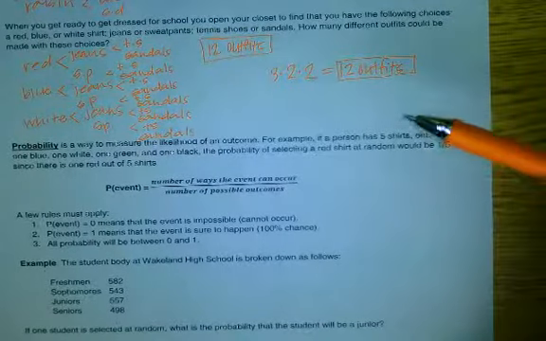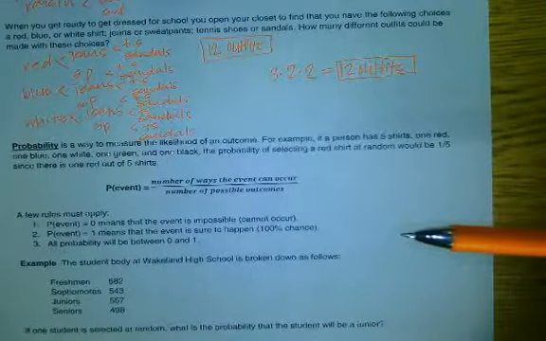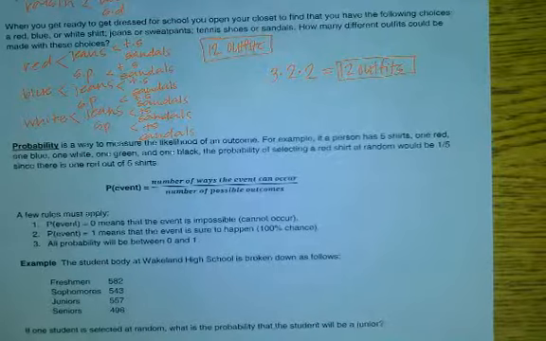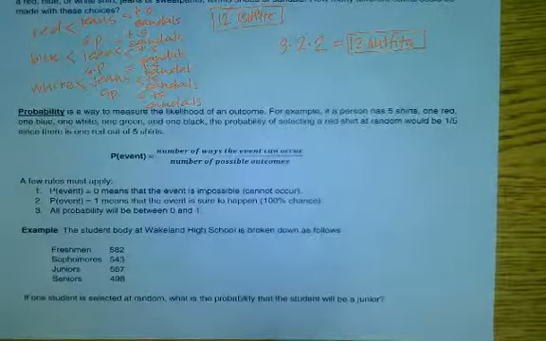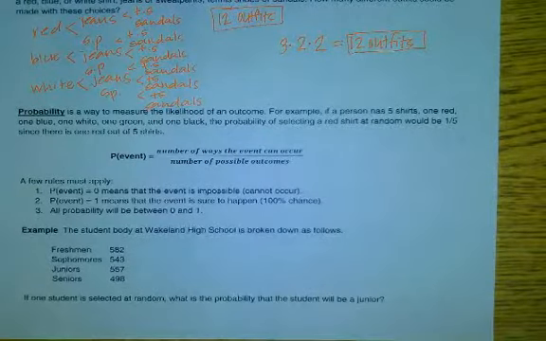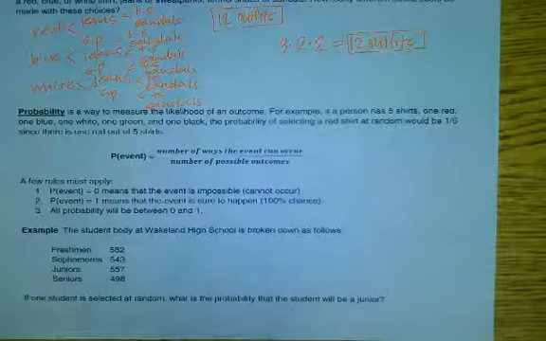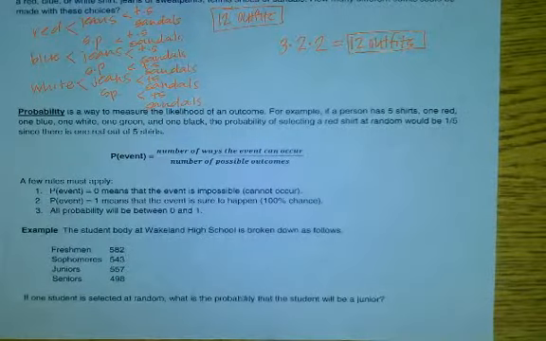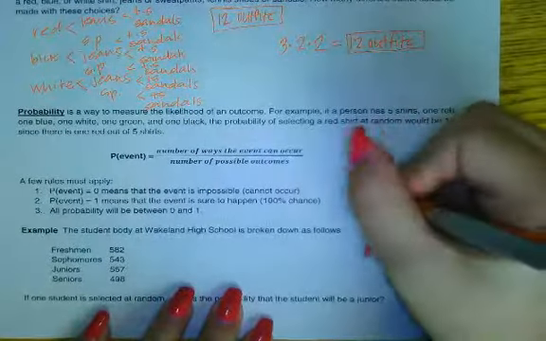Versus if I had 5 red shirts, and I asked you what would be the probability of pulling a red shirt, it would be 1 because all of the shirts are red. So the remaining probabilities would be between 0 and 1. It would represent some sort of decimal that you could convert to a percent if it asked for. And you always want to make sure that your fractions are reduced.